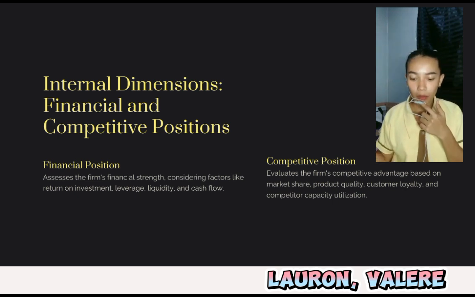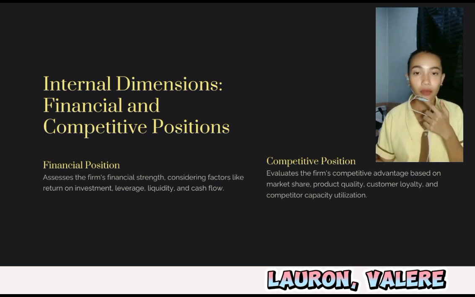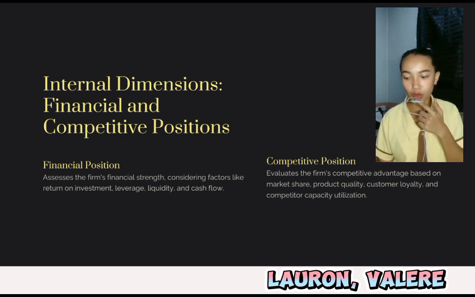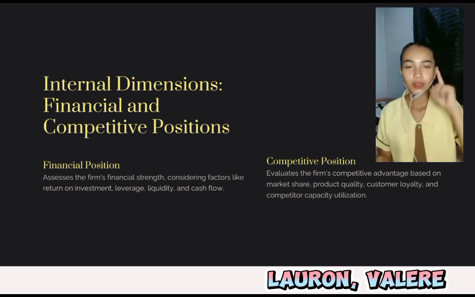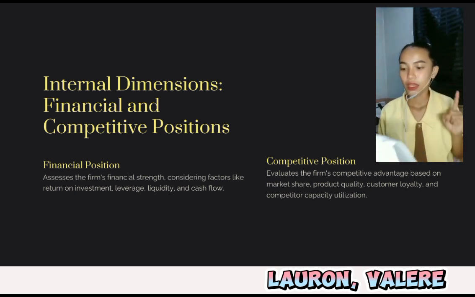When evaluating financial strength, there are factors that should be taken into account. First, income or return on investment, low to high.